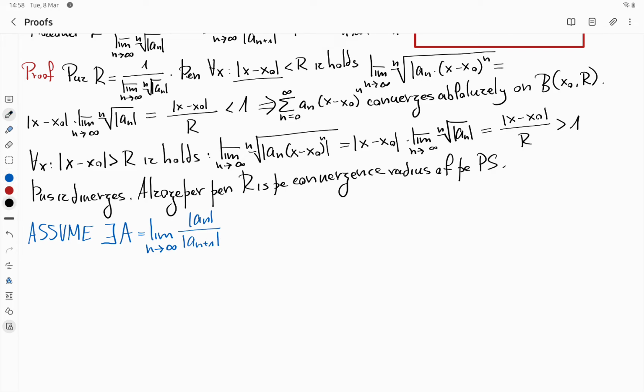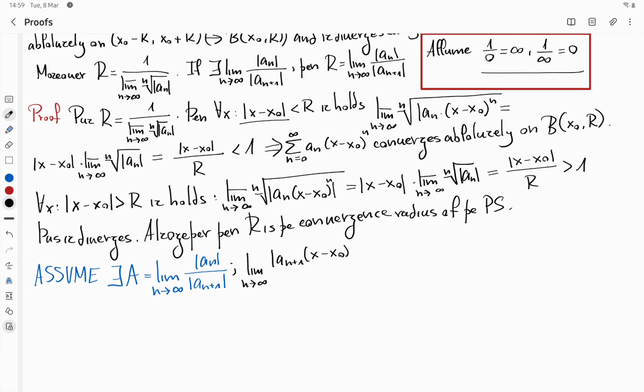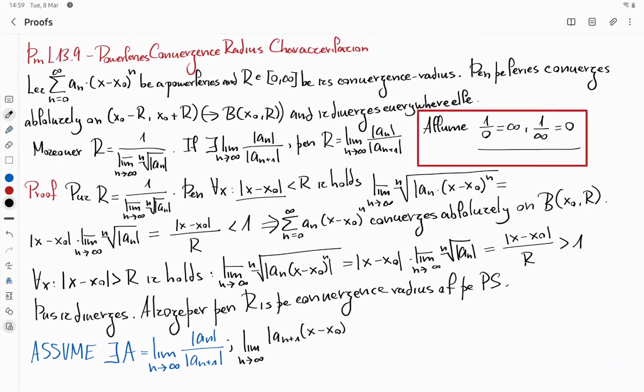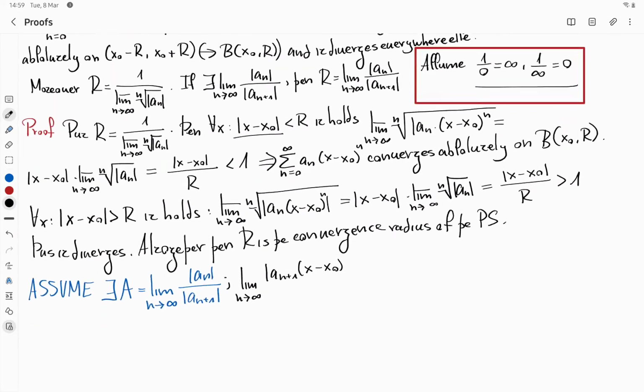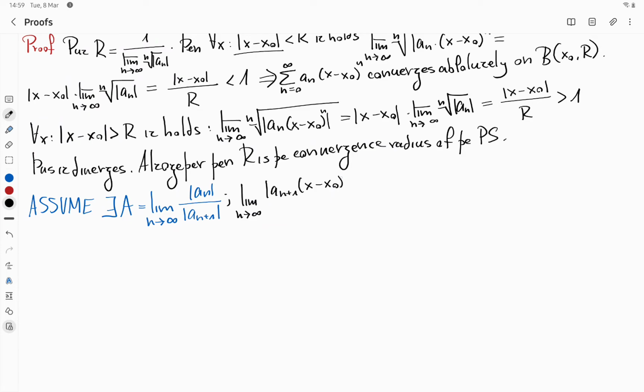Alright, so we shall now take the limit comparison test of the power series. So we have now that the limit as n approaches infinity of the absolute value of a_(n+1) times (x minus x0) to the n plus 1 over a_n times (x minus x0) to the n.